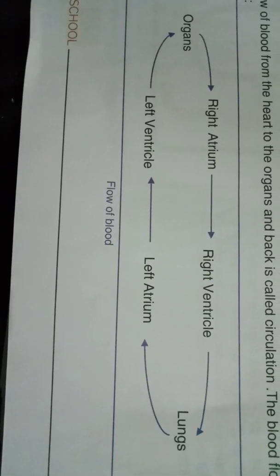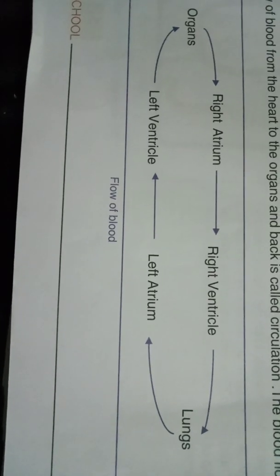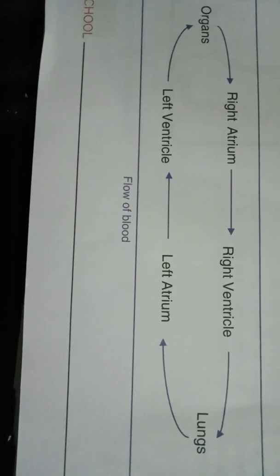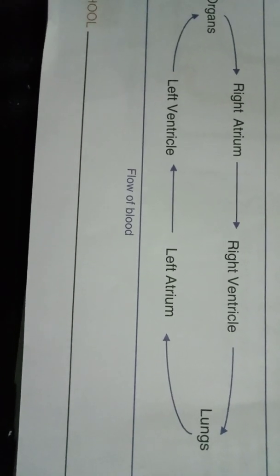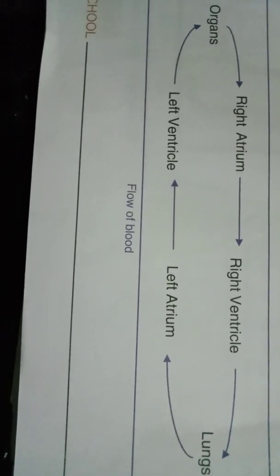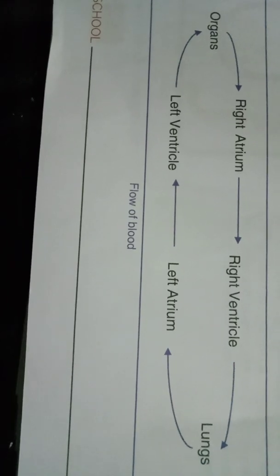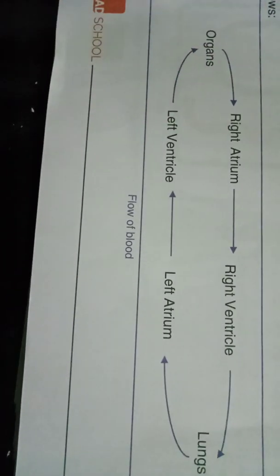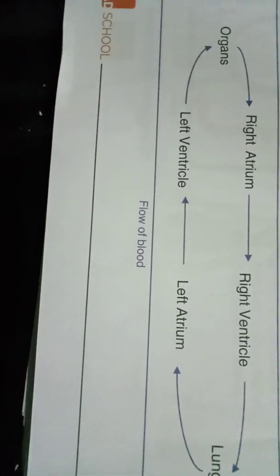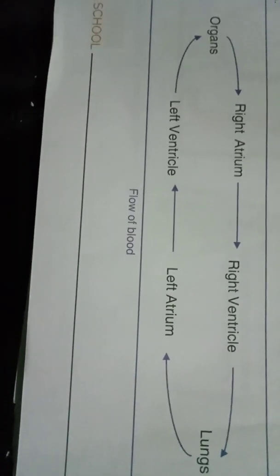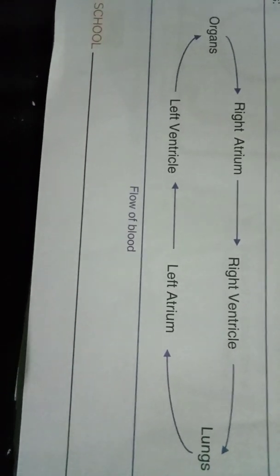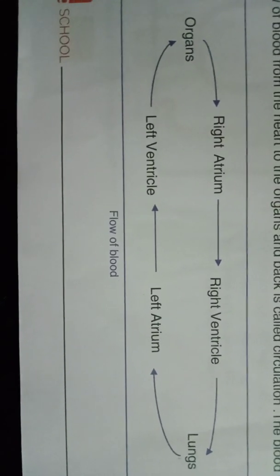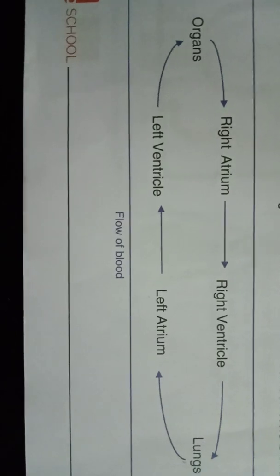The flow of blood from the heart to the organs and back is known as circulation. Children, can you see this flow chart? Yes. The blood flows as follows.